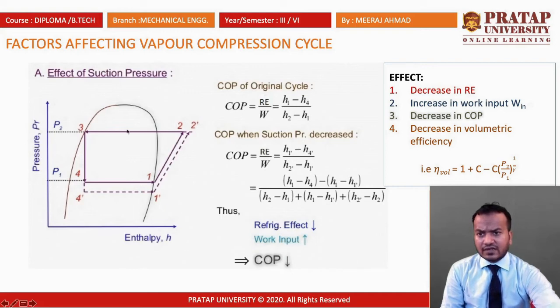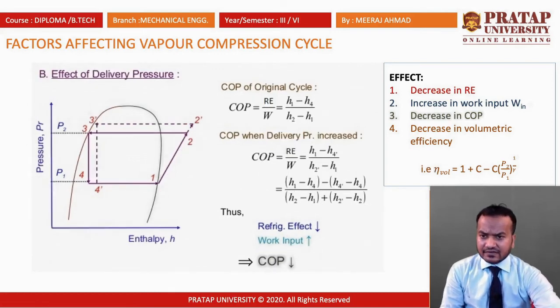When we decrease the suction pressure, the COP decreases, because the refrigerating effect decreases and the work input increases. The other effect is that the volumetric efficiency also decreases, because the pressure difference increases. When the pressure ratio becomes bigger, the value of volumetric efficiency should be decreased.